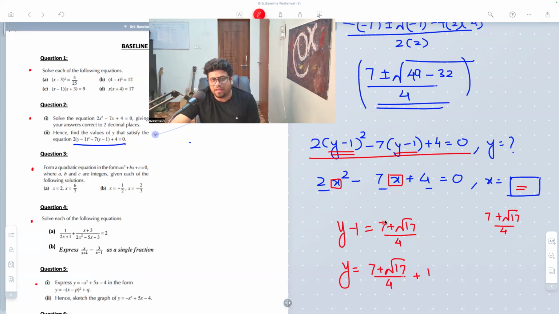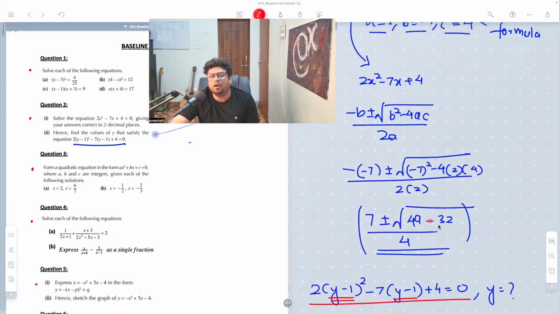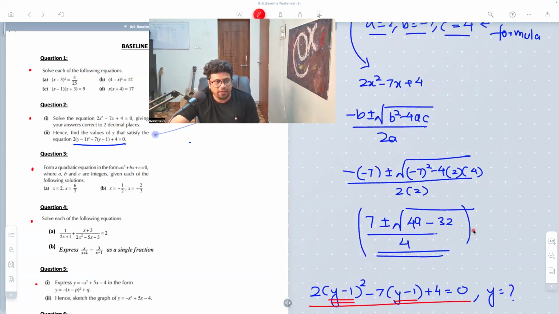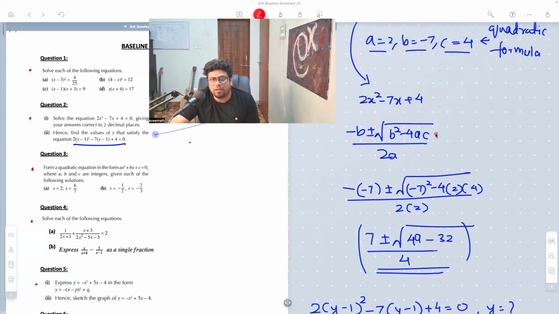I remember that the values that we got earlier were a little different. Let me just check if I am right here. You go b equals, okay, minus 7 plus minus root over b square minus 4ac, 16 into 2, that's 32, and 49 minus 32.